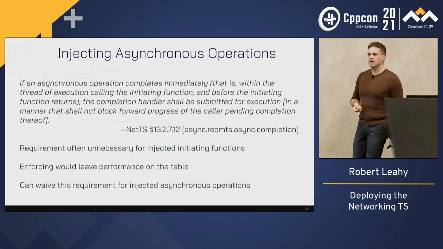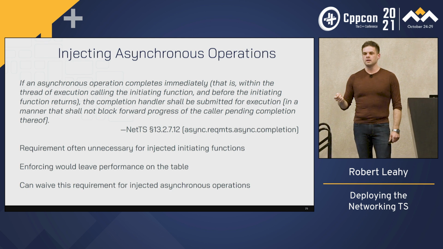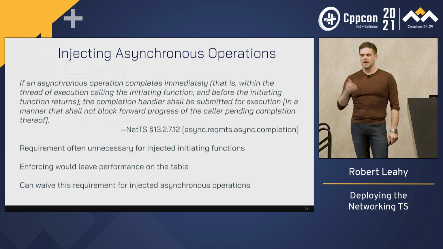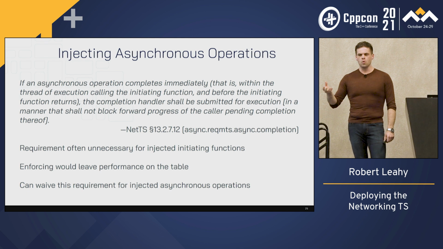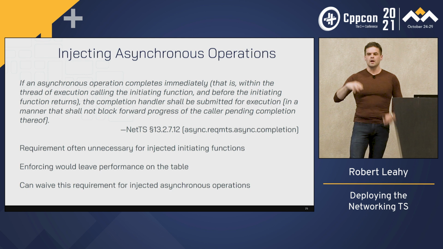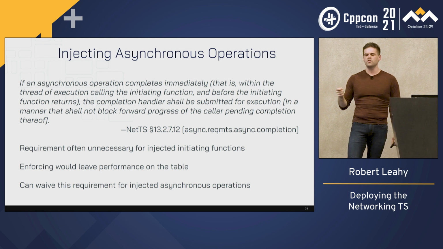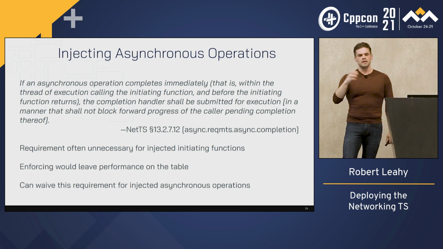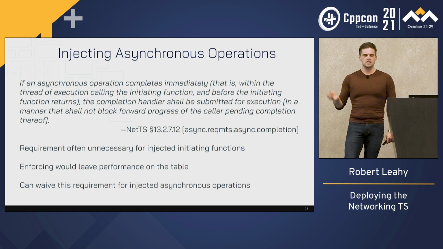If async control initiates async start write, and the socket is immediately available for writing, and we invoke the completion handler immediately, then async control is just going to start an async write, an asynchronous operation which offers the reentrancy guarantee. And so all we would be doing by demanding that async start write behave like a proper asynchronous operation in this instance would be unnecessarily eating up performance, something that we as C++ developers don't like to do.